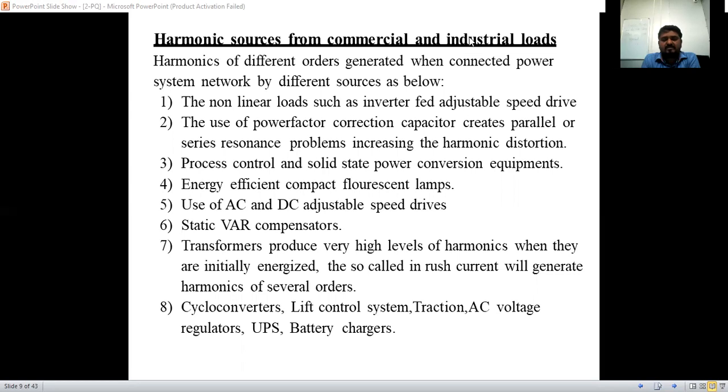Randomly I will ask. Mahesh Dungre, what are the commercial places? Nikam, are you there? Is it audible?